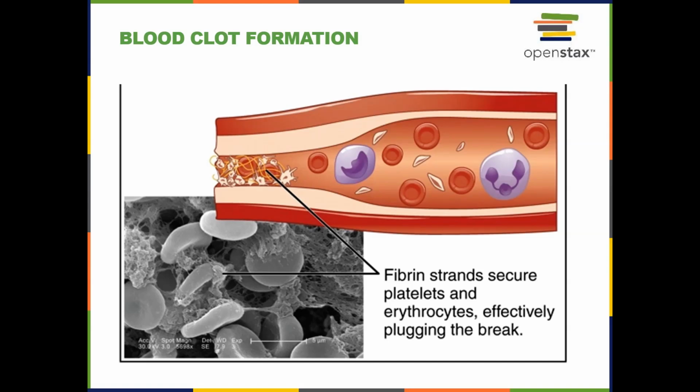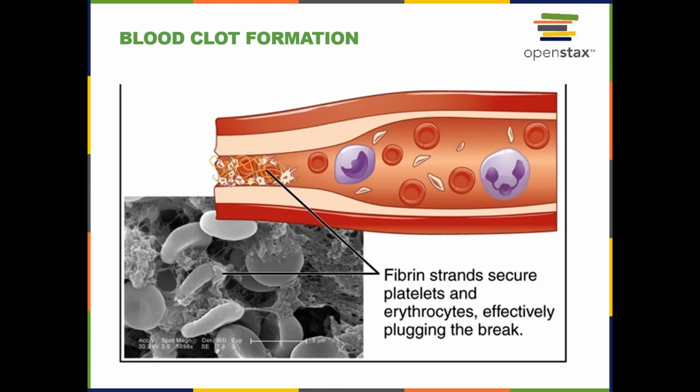Another example of a positive feedback loop is blood clot formation. When platelets are activated by a damaged blood vessel, they release clotting factors that can stimulate nearby platelets.